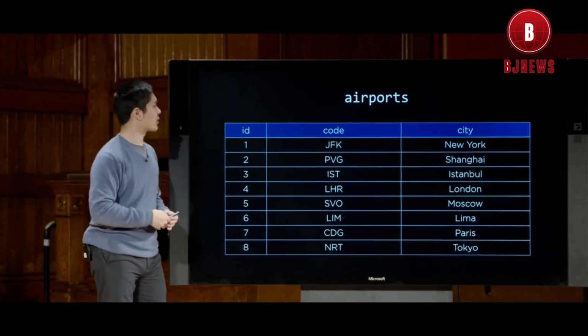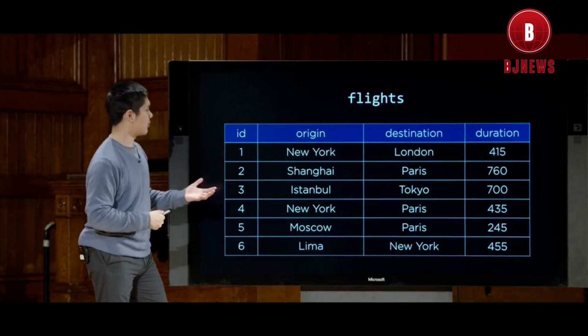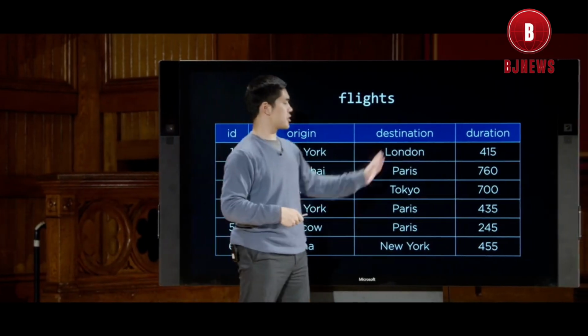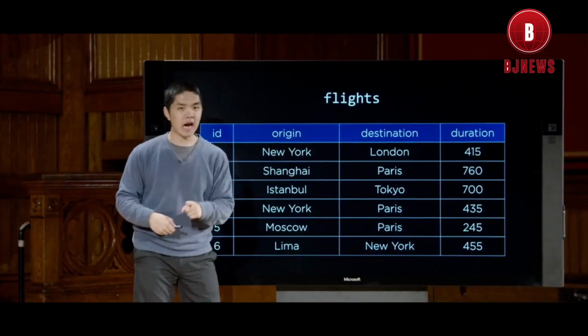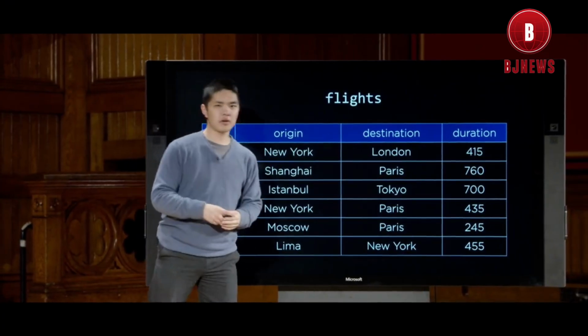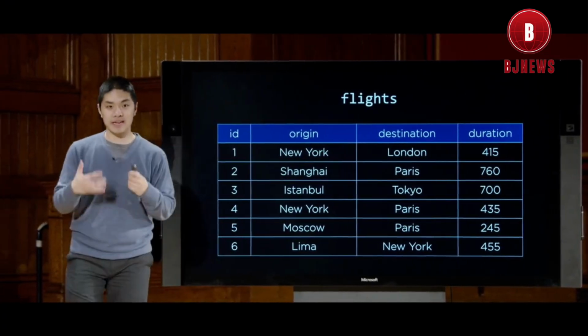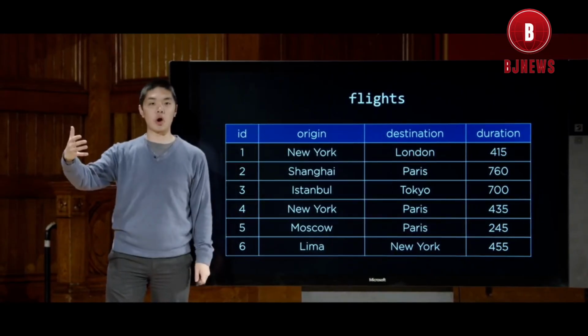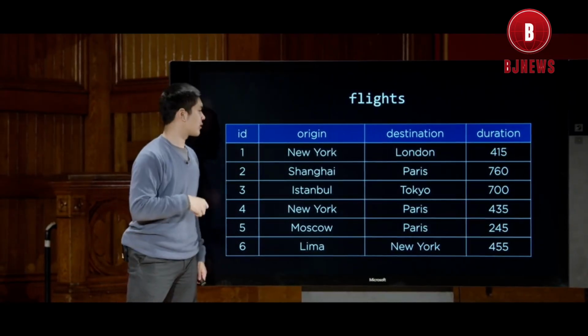And the question becomes, what happens to my flights table? My flights table here had an ID, origin, destination, and duration, where the type of origin and destination were just text, text-based data representing the name of the city from which the flight is departing or to which the flight is arriving.